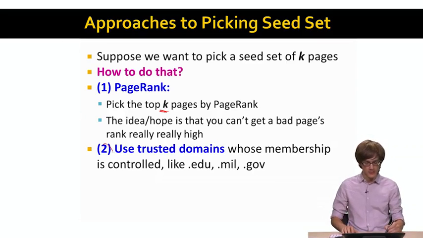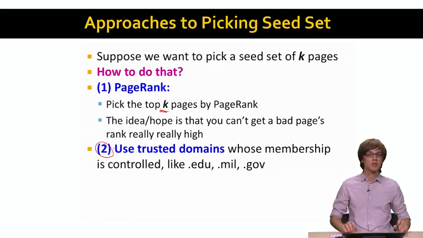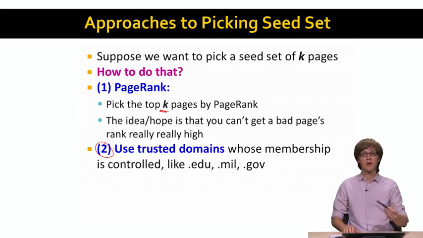Another idea that I briefly mentioned before is that we use a set of trusted domains whose membership is controlled by some trusted organization. So for example, .edu, .mil or .gov domains, these are domains that not just everyone can register. So all the pages in these domains, we would trust them to be good pages that are not spammy and don't point to other spammy pages. So one way to create a trusted set of web pages would simply be to take all the web pages at these domains.